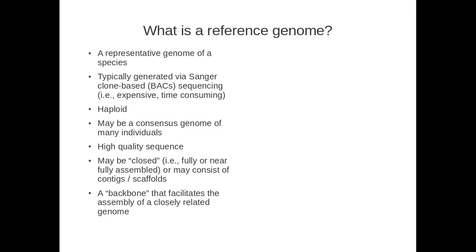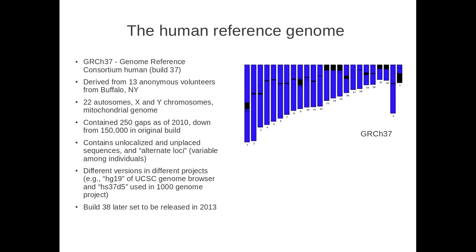So a scaffold might consist of as few as 2 contigs with a gap in between them, or it could consist of many tens of contigs, all of which have gaps in between them, which together, the contigs with the gaps, make up the scaffold. So finally, the purpose of a reference genome often is what we call a backbone that facilitates the assembly of a closely related genome.